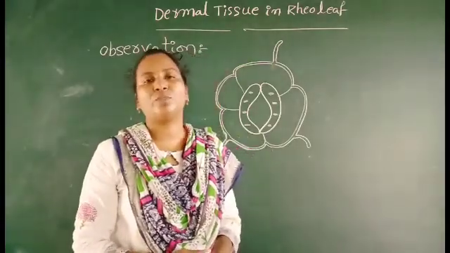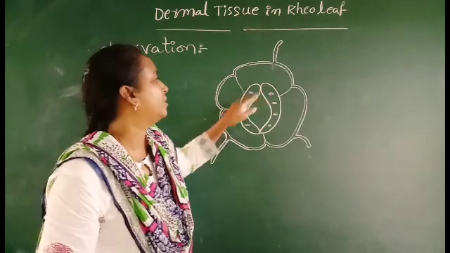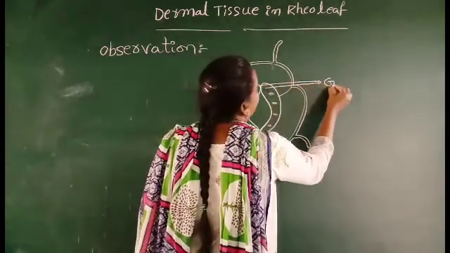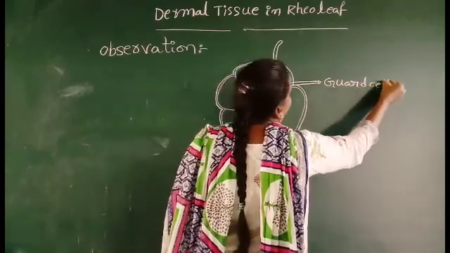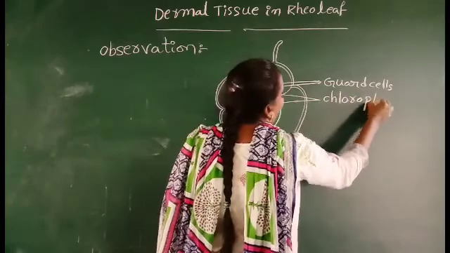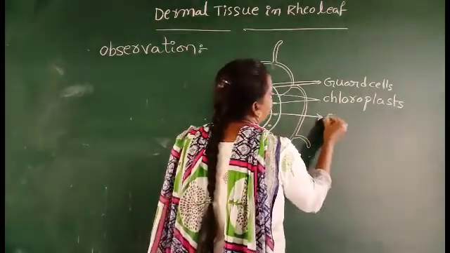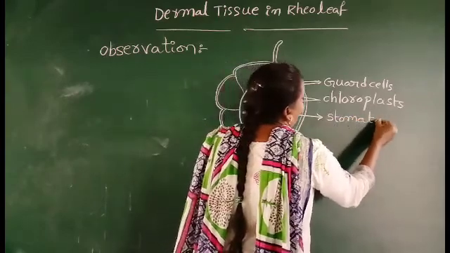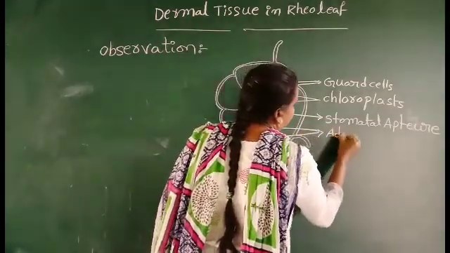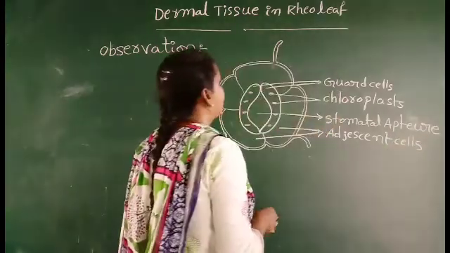Here we are observing these two guard cells, chloroplast, stomatal aperture, adjacent cells, and inner wall.